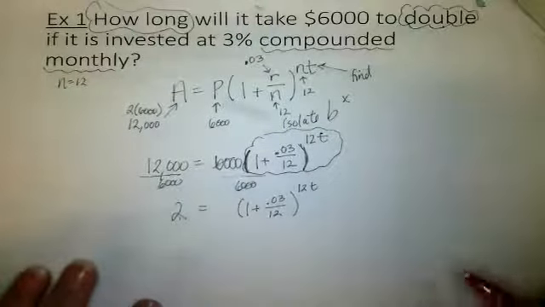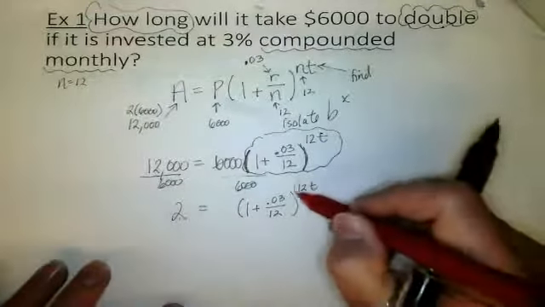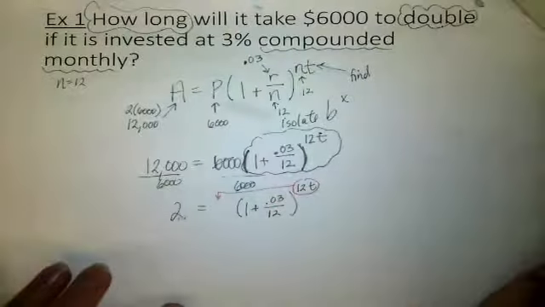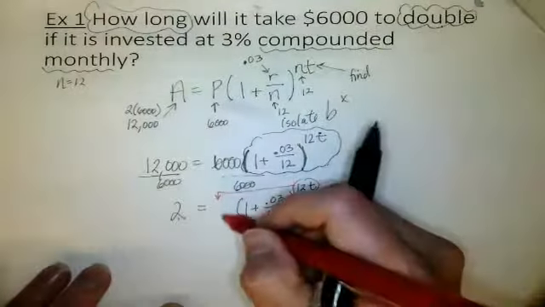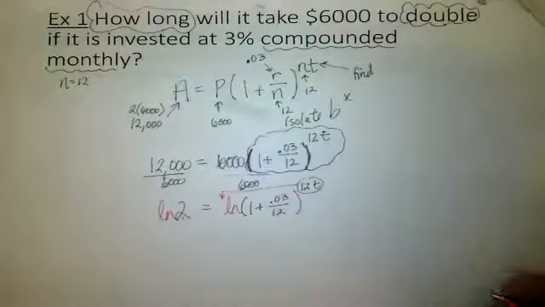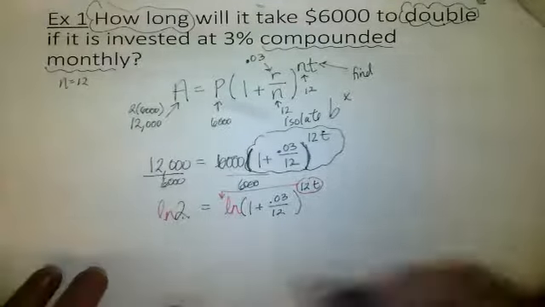Okay, now that we've isolated our base and our exponent, I need to do something to drop my power. What's going to allow me to drop my power down? Natural log. Ln.